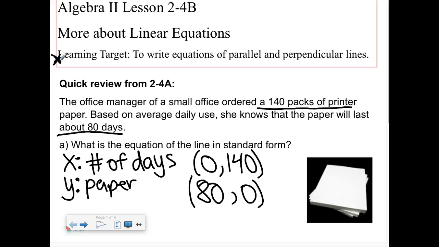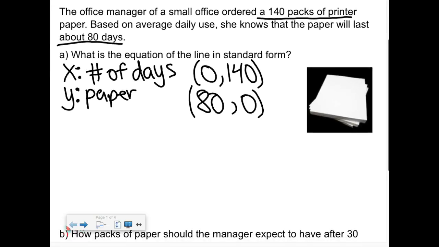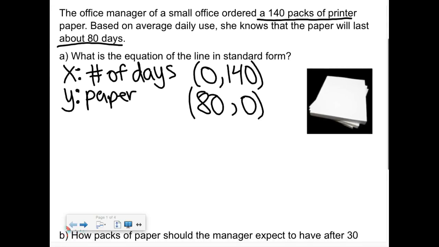Now, what we learned yesterday is when we are given 2 points, from there we can find our slope. So if I'm given 2 points, I'm going to find my slope. So we have m equals y2 minus y1.